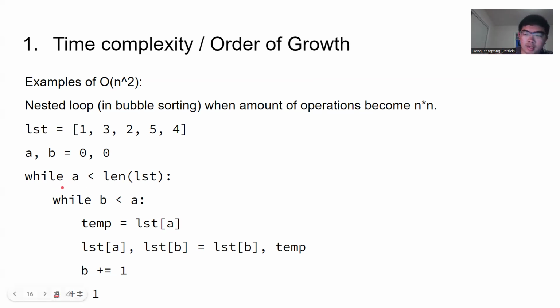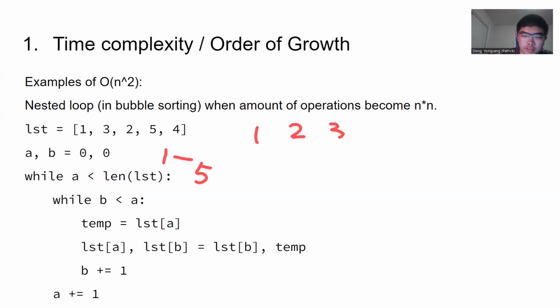So suppose I have five. For the outside loop, I have to loop a total of five times, and for the inside, each time I have to do while B is less than A. Suppose A is 5. Every time it becomes 1 to 5.